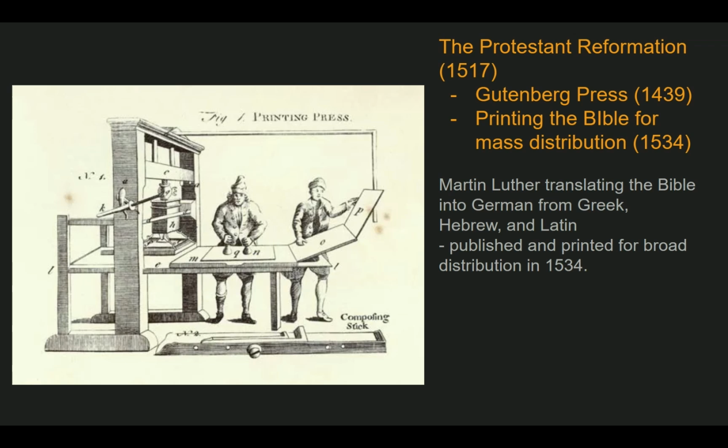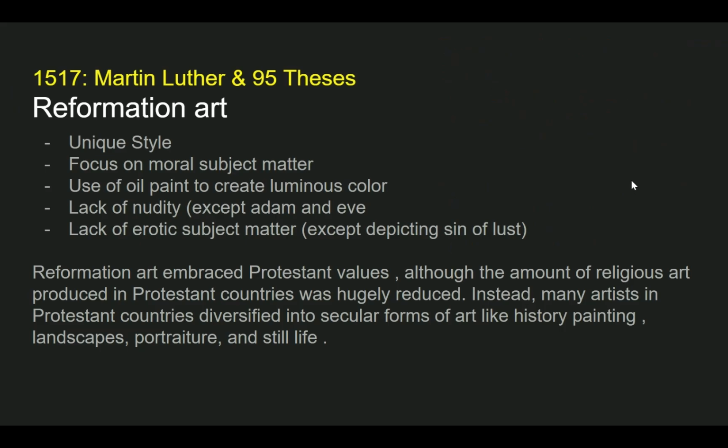Not that the majority of the population could read, but this is profound with how people outside of the authority of the church have access to the Bible and can read it on their own and can discuss it. Really the Gutenberg press changes the world forever. This dissemination of ideas, in all senses of ideas, but especially with this Protestant Reformation, changes the world.